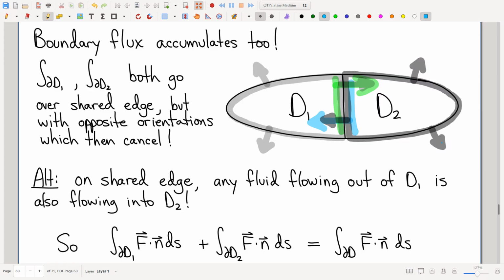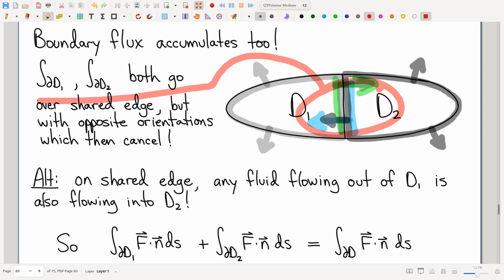We're left with this. This is our problem. This is our discrepancy. This is what's between us and being able to declare accumulation. Then we take a closer look at this problem and recognize that this is two flux integrals on the exact same curve, but with opposite orientations.